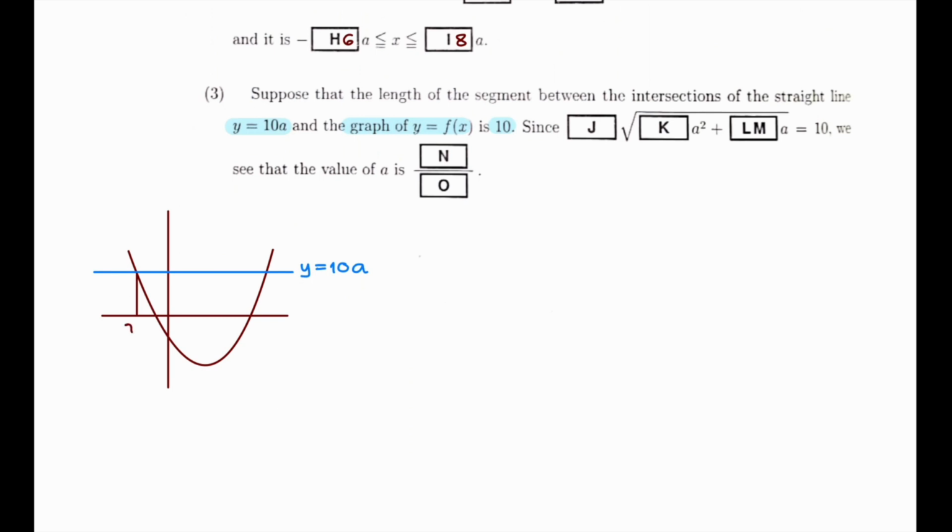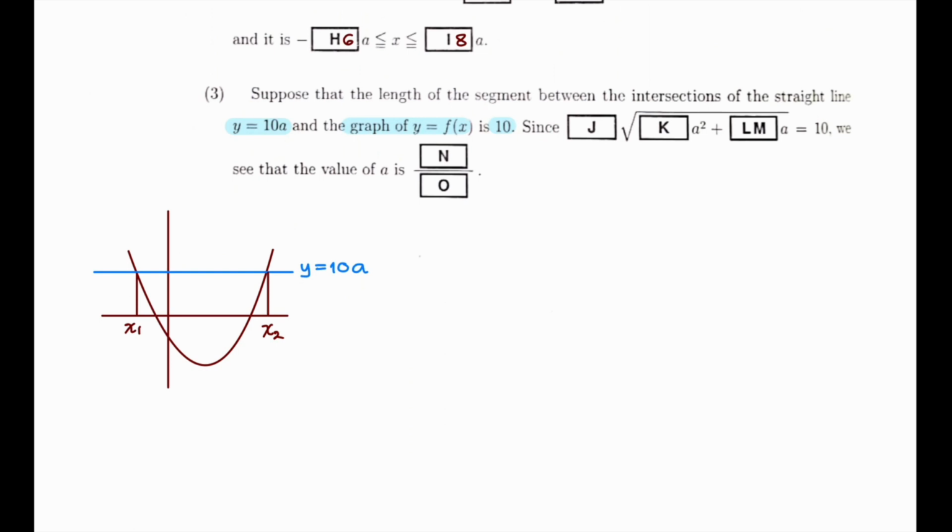I will assume this is x1 and this is x2. After finding x1 and x2, I know that the absolute value of x1 minus x2 must be equal to 10. So my first step here is to find the x coordinates of the intersection between my parabola and y equals 10a.